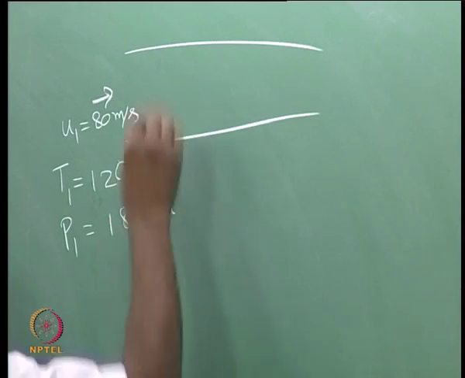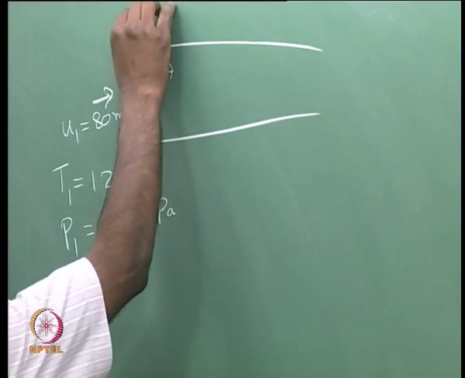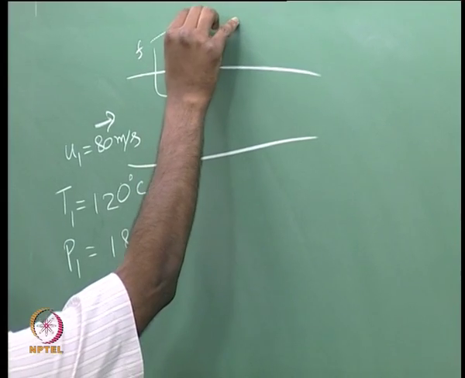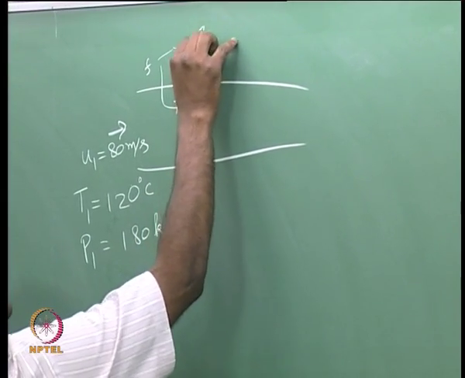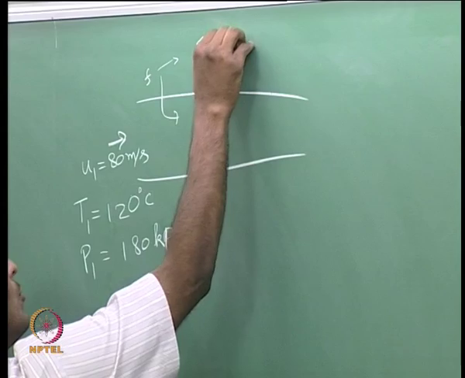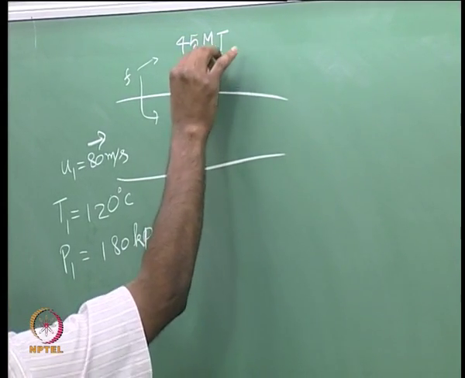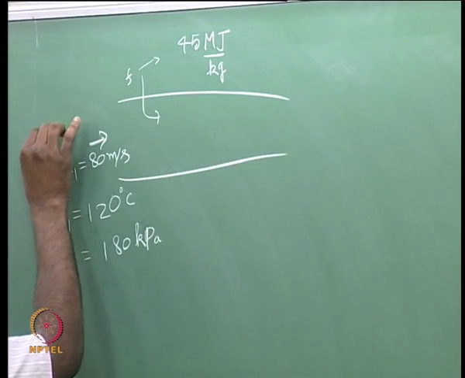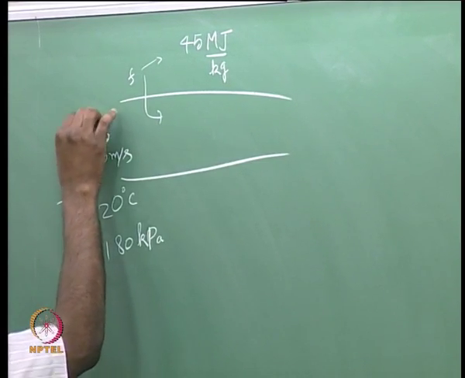And I am having some fuel injected inside and it is burnt. Now I am going to say that the fuel has a heating value of 45 megajoules per kilogram of fuel. If I burn 1 kilogram of fuel, it is going to produce 45 megajoules. Okay. And this is air going in, gamma equal to 1.4 for air.